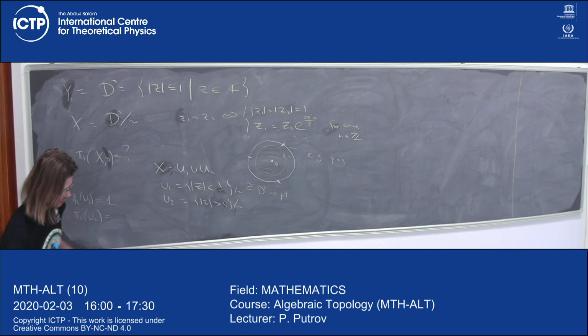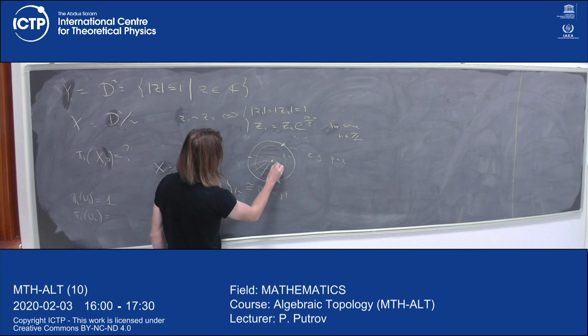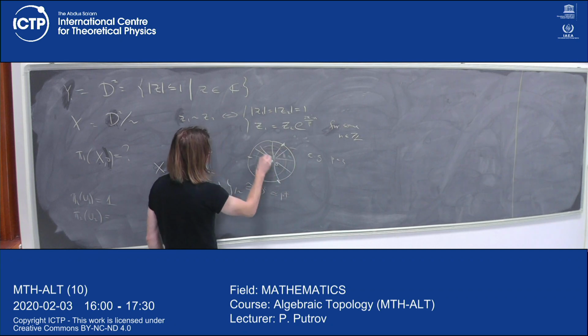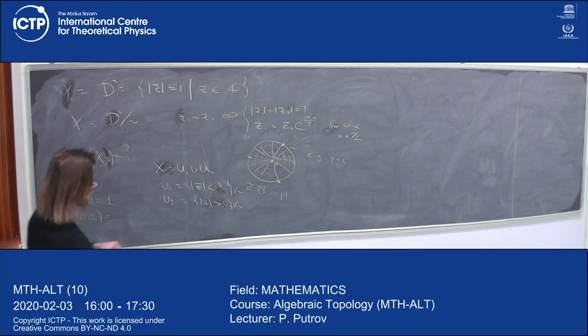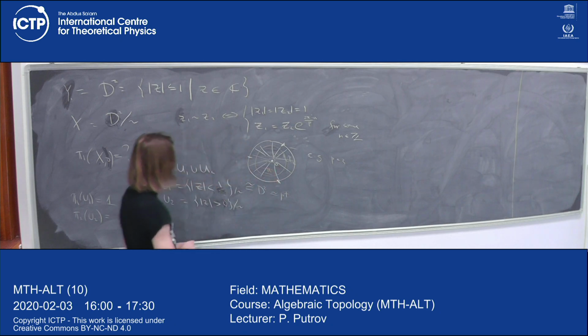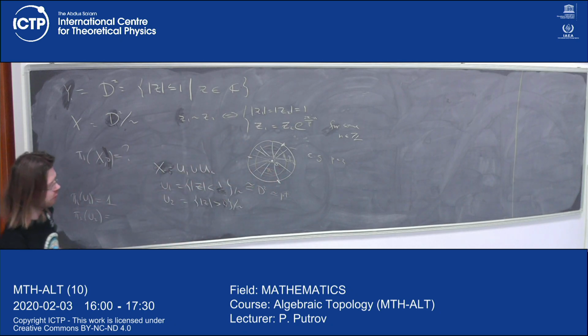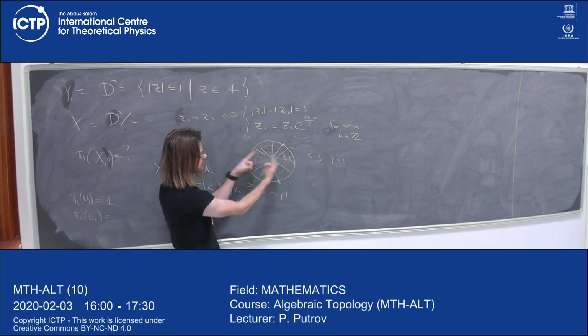So U2 will be punctured. U2 is this, and U1 is this. U1 I can deformation retract to a point, and U2 I can deformation retract to the circle.